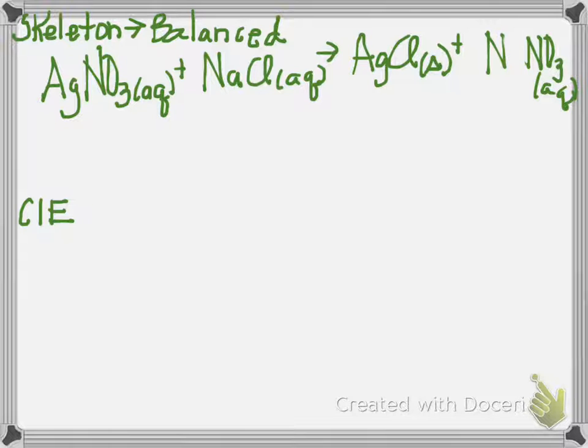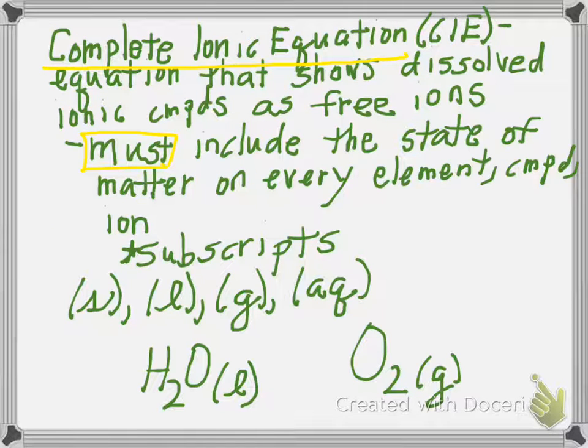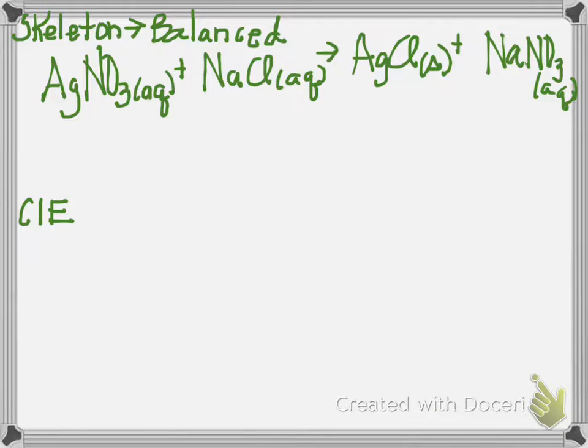So what I want to do now is write that complete ionic equation. Reviewing our definition, a complete ionic equation is an equation that shows the dissolved ionic compounds as free ions. What that means is anything that has this aqueous state of matter, I'm going to break apart into ions. Aqueous, going to break apart into ions. This one's a solid, so I'm going to leave this one alone. I won't do anything to that one because it doesn't break apart.